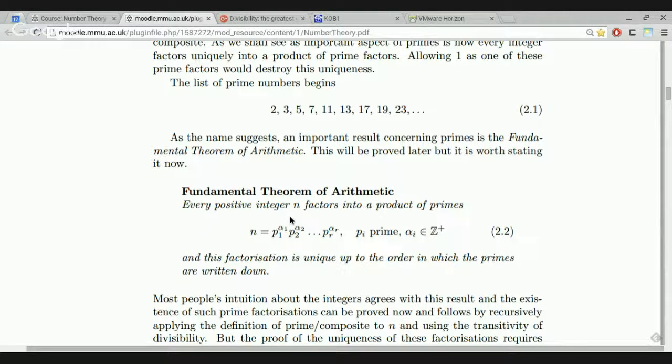But what maybe isn't so obvious is the uniqueness of this prime factorization. Who's to say that there isn't some other way of writing 210 as a product of prime numbers? Because this factorization tree isn't unique. We decided first to factorize this as 2 times 105, but equally well, we could have factorized it as 3 times 70 to begin with.